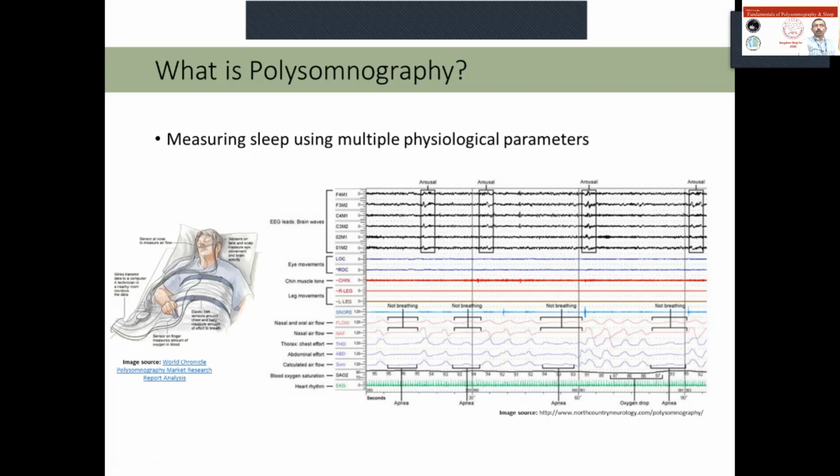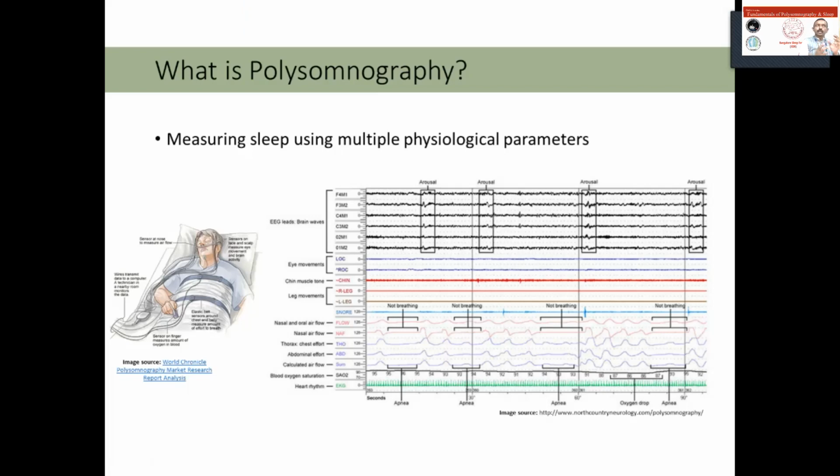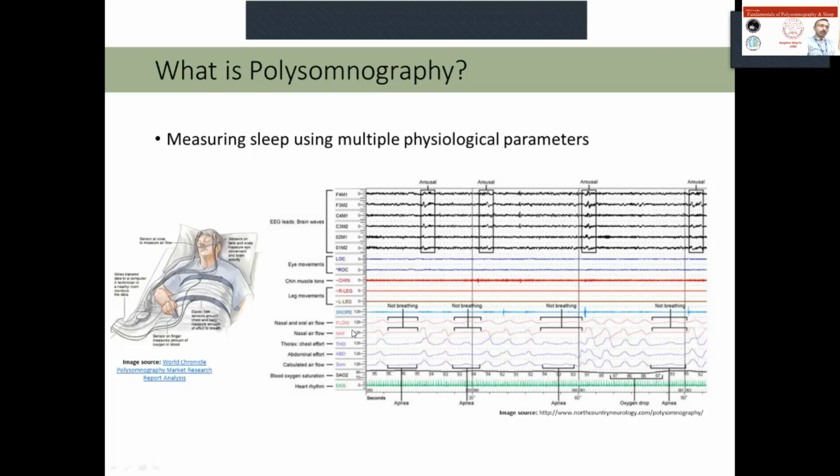Sometimes, though not normally practiced, if you want to study nasal cycles, you can have 2 different independent sensors for the left and right nasal cavity. Then these bluish traces correspond to effort sensors to see whether the muscle activity of chest and abdomen are happening properly, thoracic and abdominal effort sensors.